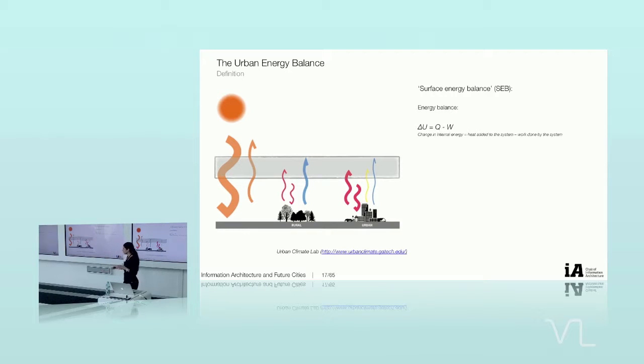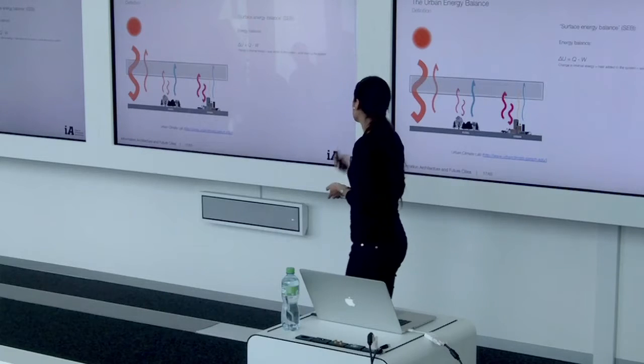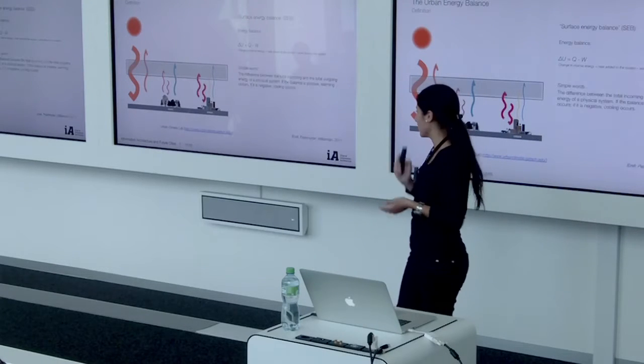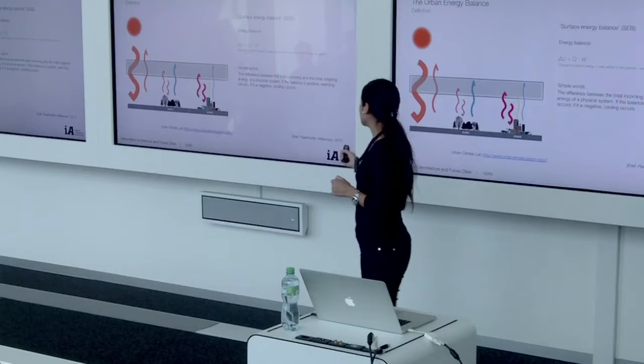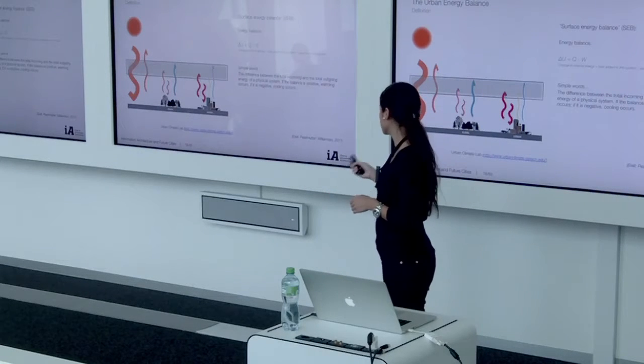So the energy balance can also be the change in internal energy equal to heat added to a system minus the work done by the system. In simpler words, the difference between the total incoming and the total outgoing energy of a physical system.